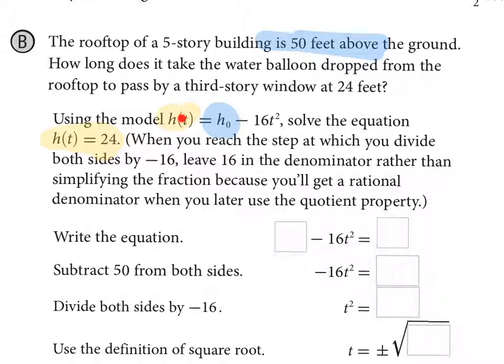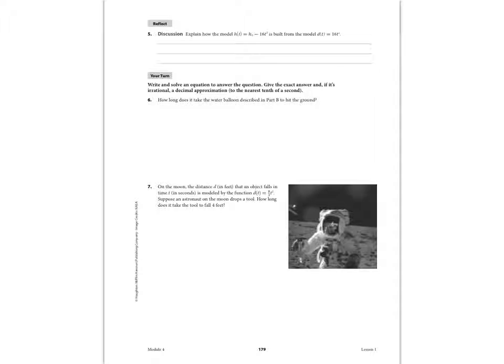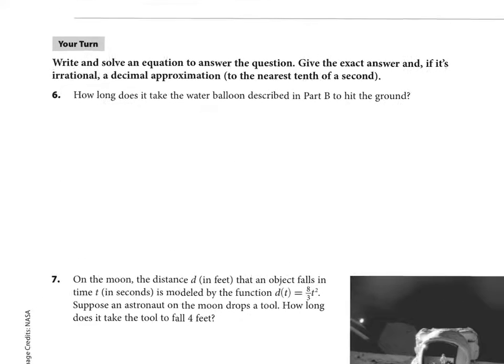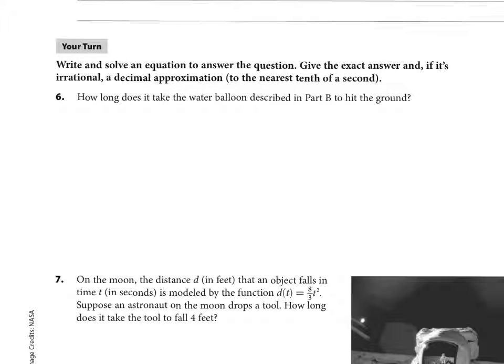Not how far it's fallen, but how far away it is from the floor. So problem 6 on the next page: how long does it take the water balloon described in part B to hit the ground?